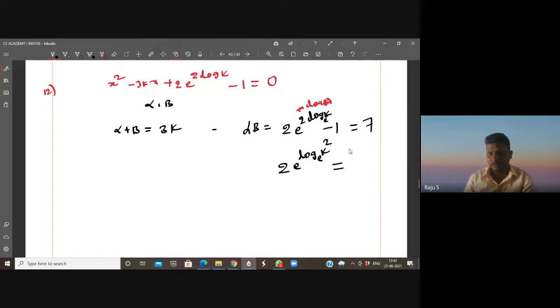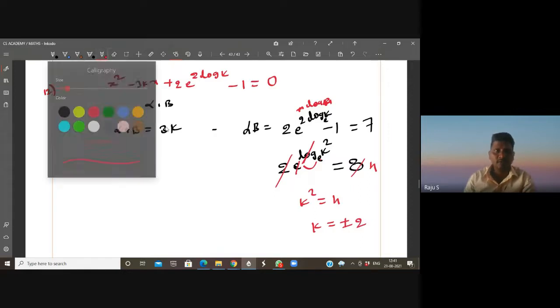So this is equal to, if I take minus 1 to the right side, 8. See students, whenever both bases will be same, e both will be same, we can cancel this. 2 ones are 2, 2 fours are 8, so k square is equal to 4. The k is equal to plus or minus 2.